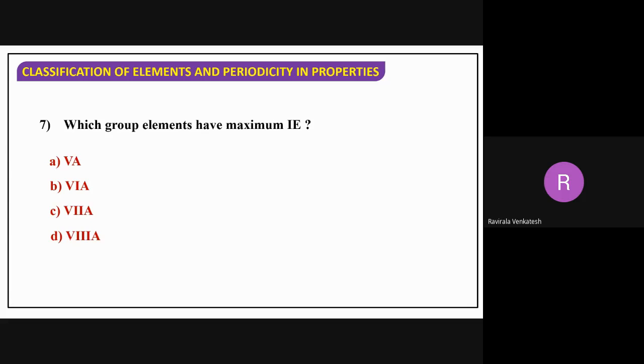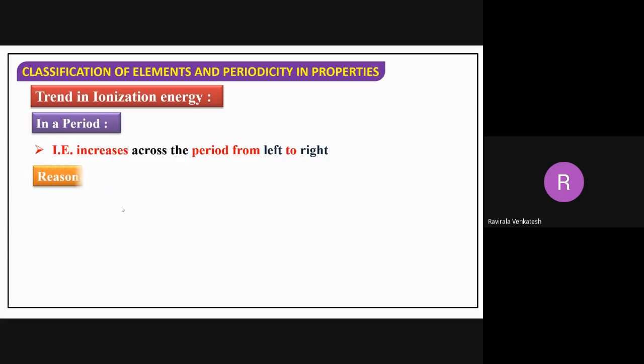Group elements will have the highest ionization energy. In the 16th, 17th, 18th group. So the answer will be D only, right? But the trends, if you observe, I already explained here.